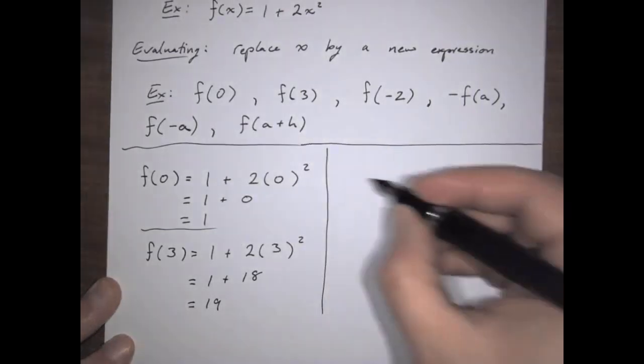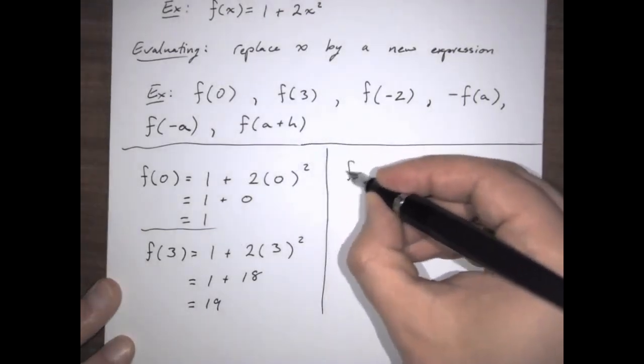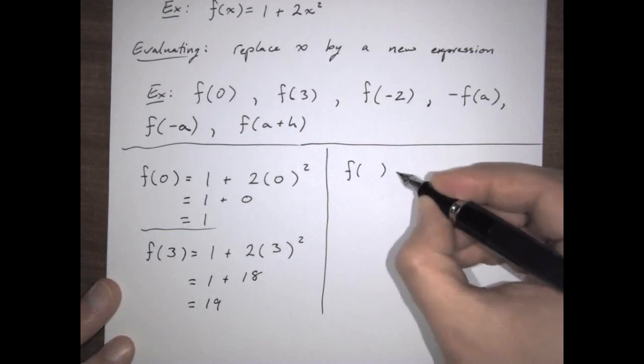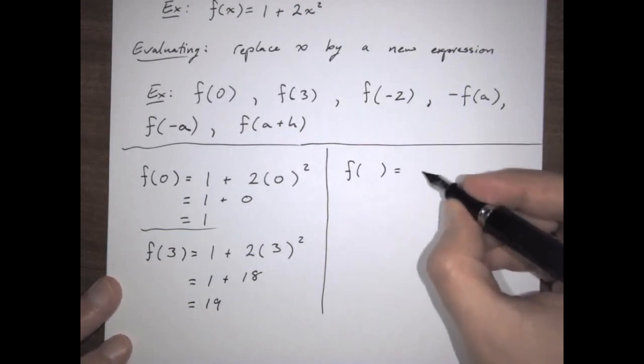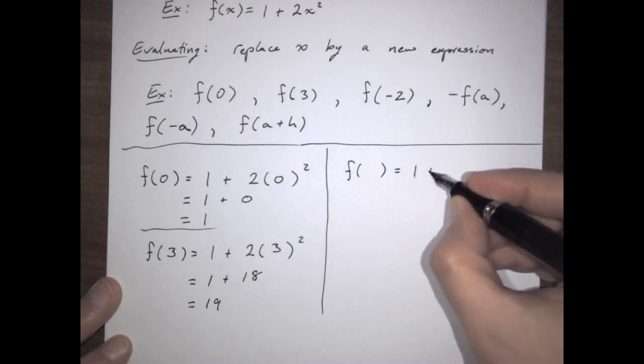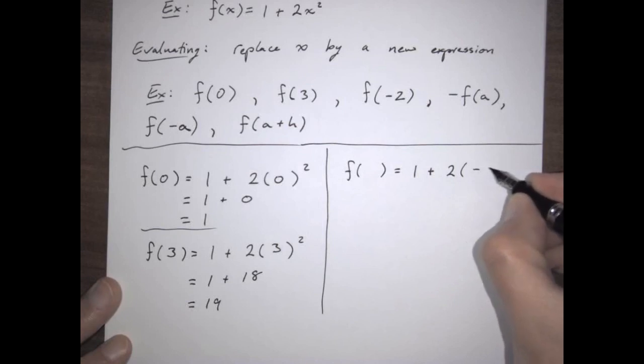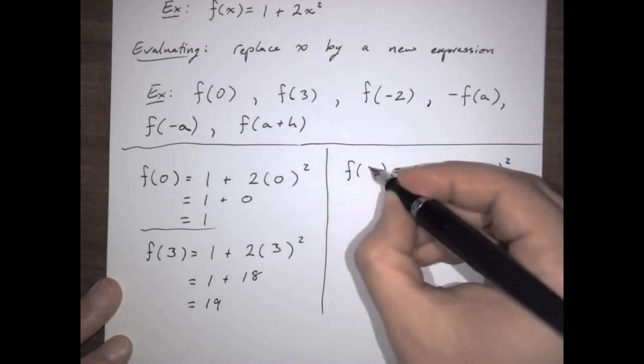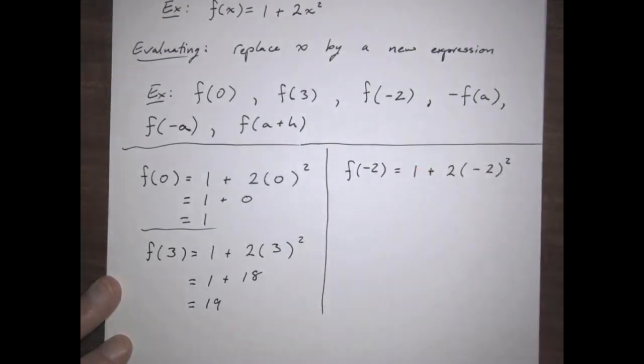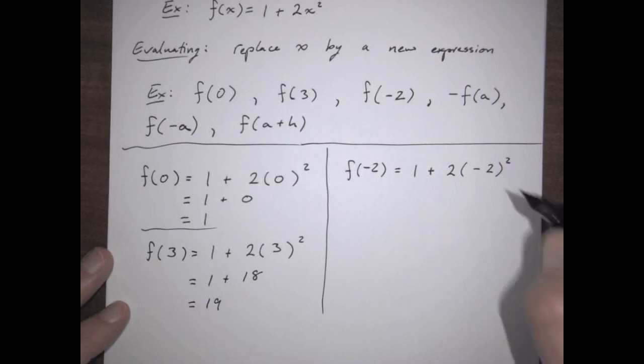Now, nothing is different morally in putting in a negative 2 for the x. But we have to be very, very cautious about negatives, and in particular, we have to make sure that we are very respectful of parentheses everywhere they belong. So here, wherever there was an x, we're now going to do a find and replace and put in a negative 2.